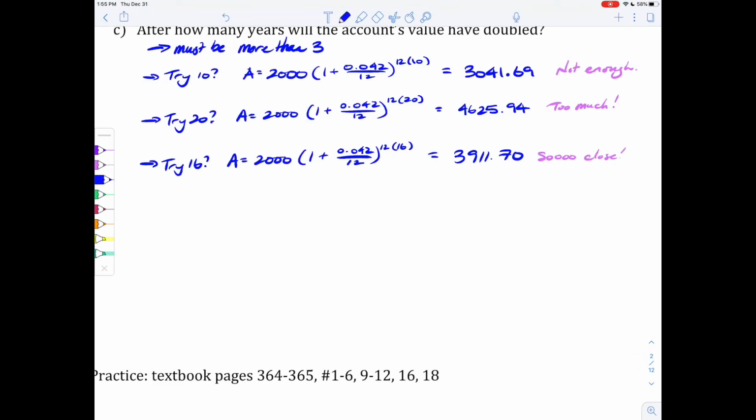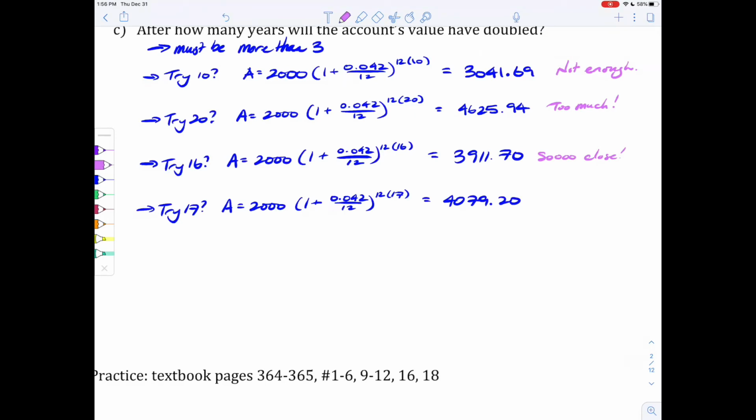So I think it makes most sense for me to next try 17. And hopefully that's enough. And if it's not, then we try 18, I guess. But 17 is my number of years. And when I plug that in, I get this value.